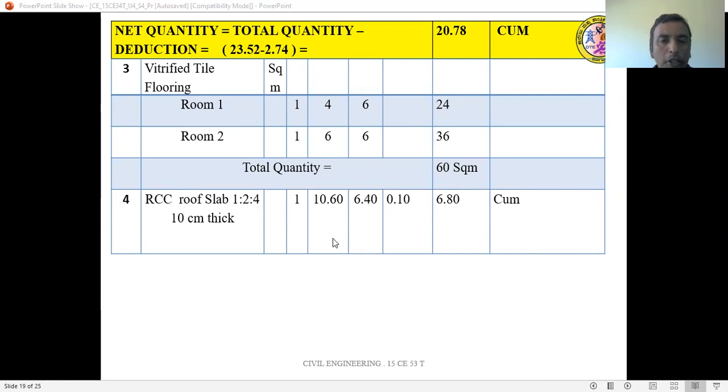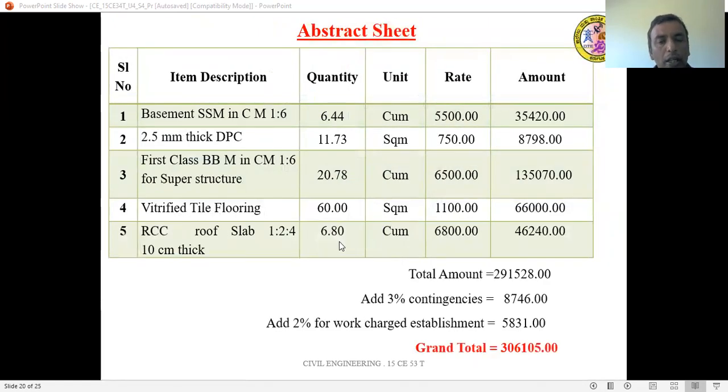After completion of the detailed estimation form, you have to calculate the cost of each item of work. This is the abstract sheet. It shows different columns such as serial number, item description, quantity, unit, rate and amount.